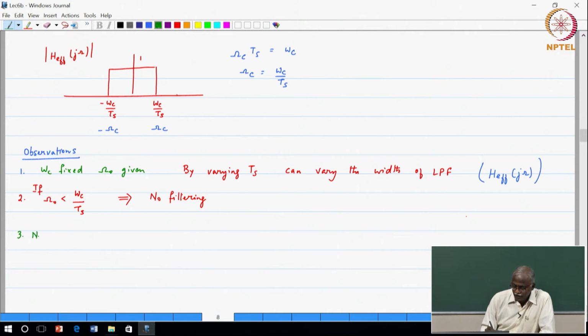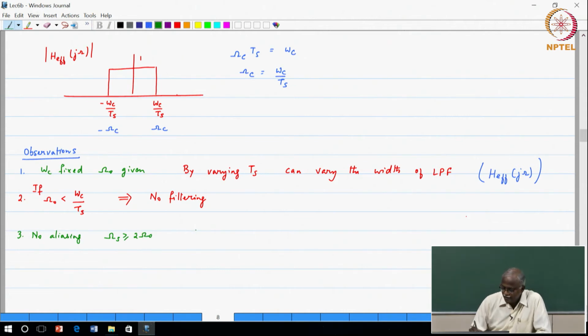Now, supposing I want to have no aliasing. So, now there is a discrete time filter, I have to choose a sampling period, and I know what my sampling frequency is, or how I am going to choose my sampling frequency. So, if I want to say that there is no aliasing, omega s must be greater than or equal to 2 times omega naught.